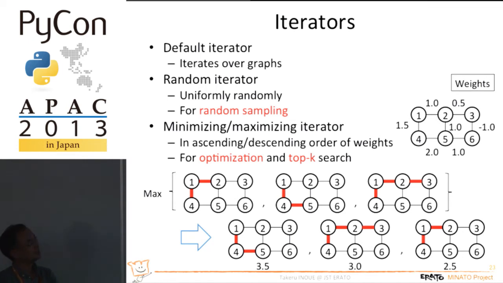We can use these minimizing and maximizing iterators for optimization and top case search. Here, optimization usually requires just a single top graph, while top case search requires k graphs at the top. We will use the maximizing iterator for optimization in the rest of the demo.